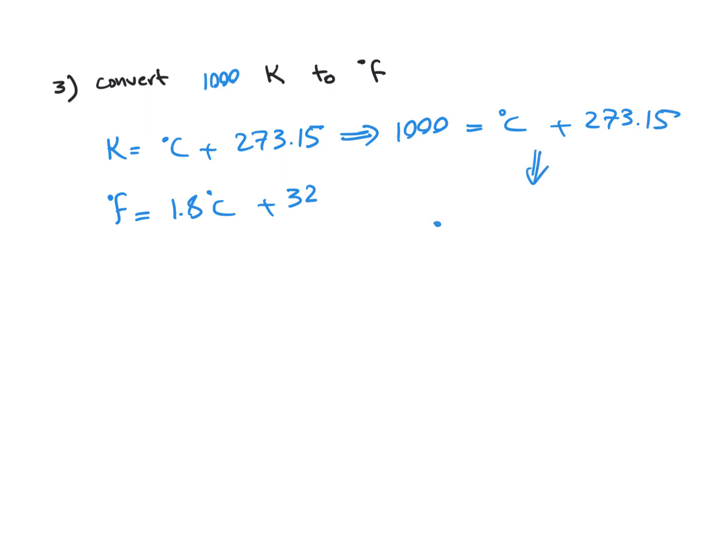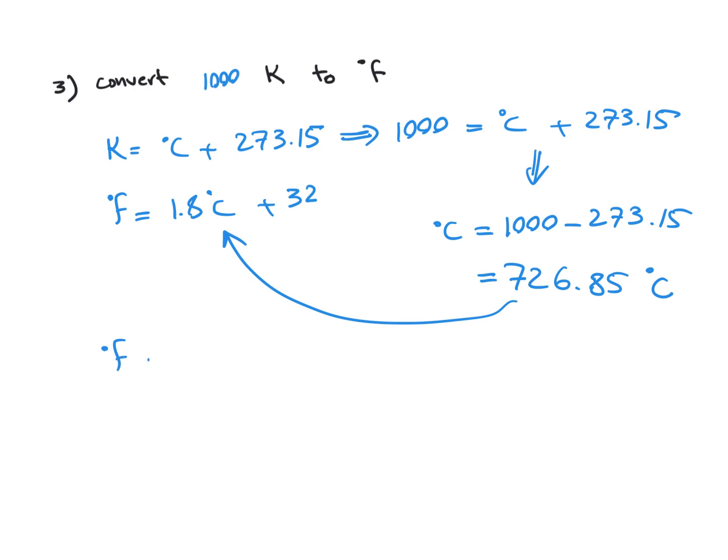So from this I can find that degree Celsius is 1000 minus 273.15, which equals 726.85 degrees Celsius.